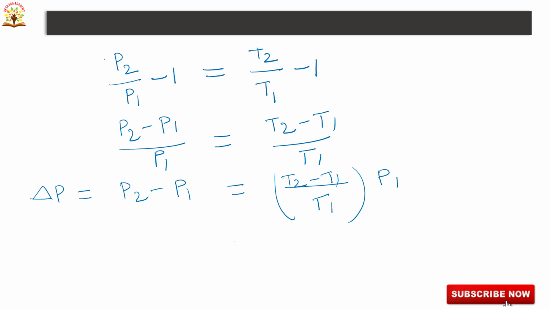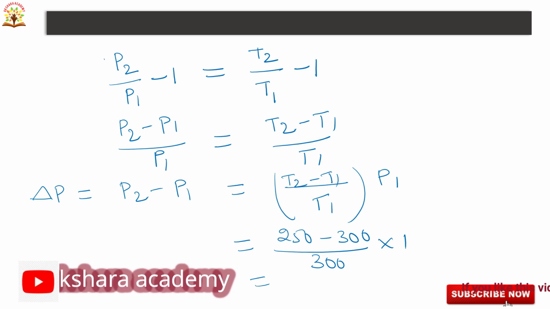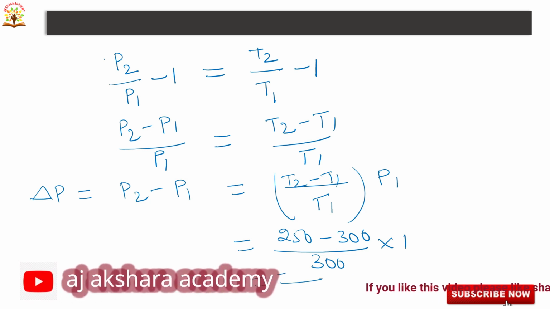Now substituting values, T2 is 250 minus T1 which is 300, by T1 which is 300, into P1 which they gave as 1. So 250 minus 300 is minus 50 by 300.